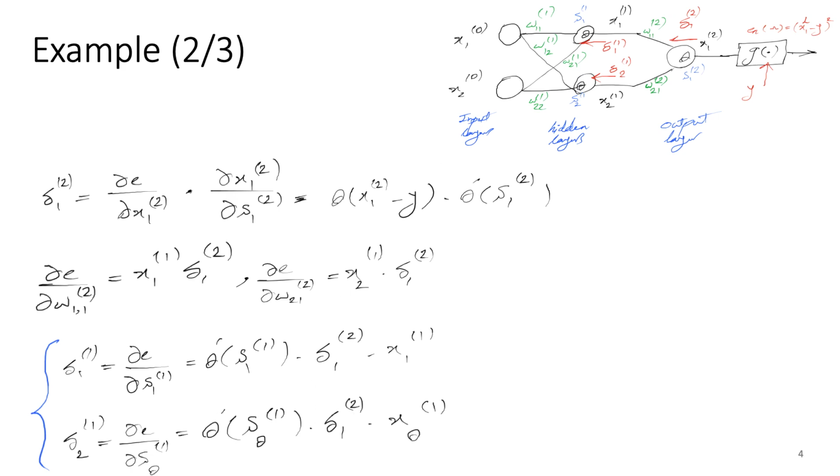And for each of those, just like the previous delta here, now we have to compute the partial E over partial S11, which is equal to, again, theta prime S11 multiplied by the delta 1 multiplied by its incoming input, right?